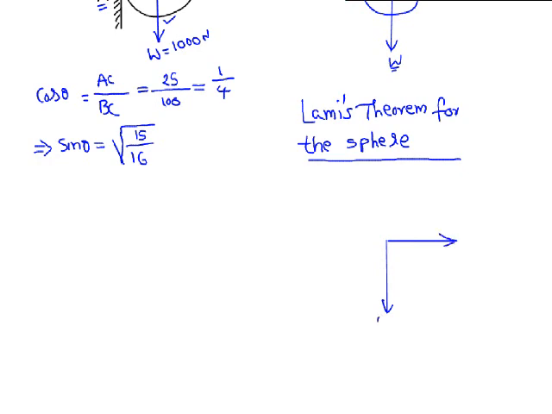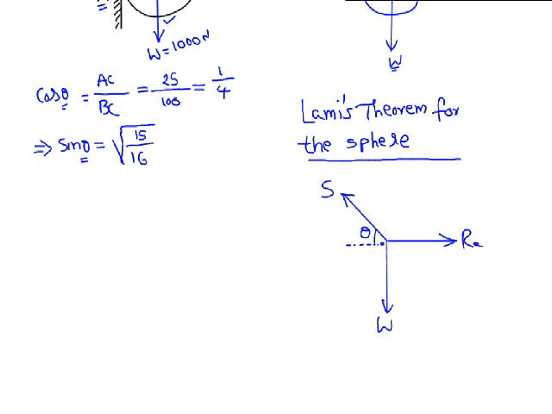Let me quickly label them. This is the weight W, this is the reaction RA, and the third is the tension in the rope S, which is going up and to the left. We may note that this angle is theta, for which we have already computed cos theta and sin theta.